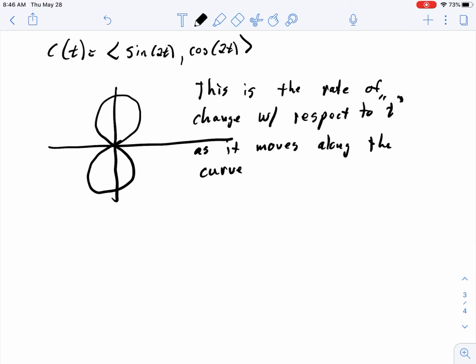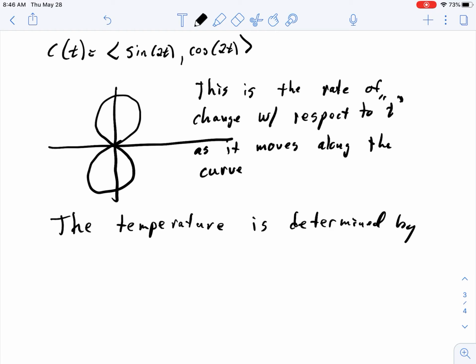Okay. All right, so now the next piece here, let's say the temperature. So the temperature is determined by T of x, y, and I'll use this function here, x squared y plus 3xy to the 4th.